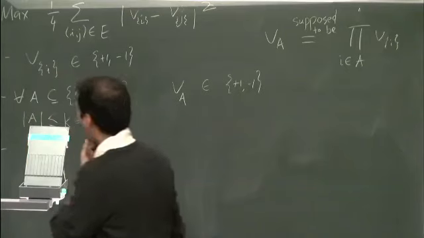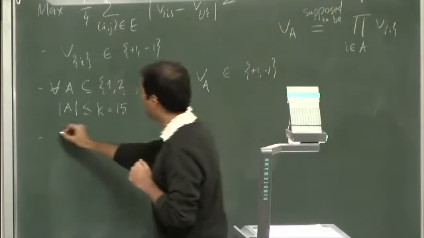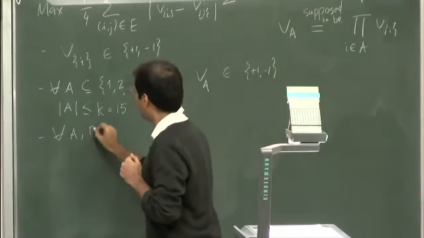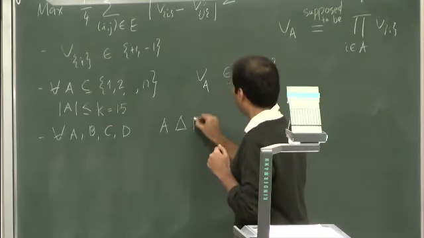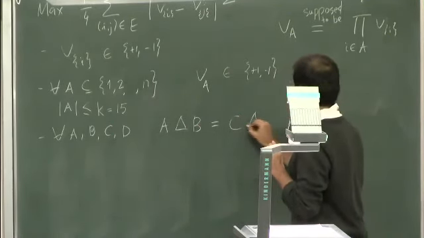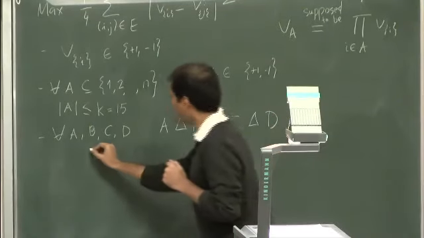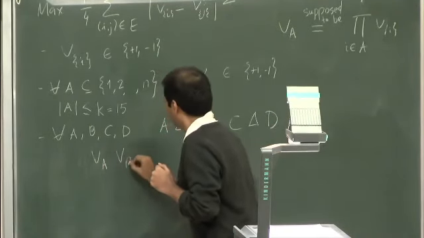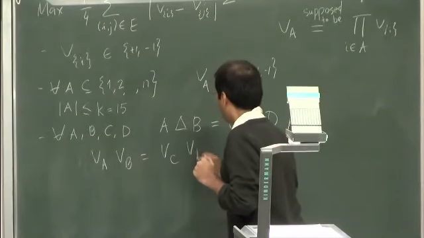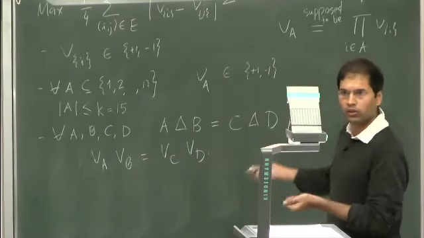Now you can add constraints. Here is a constraint that you can add for any 4 sets A, B, C, D, such that the symmetric difference of A and B equals the symmetric difference of C and D: v_A times v_B equals v_C times v_D. I mean, this is obvious, right?